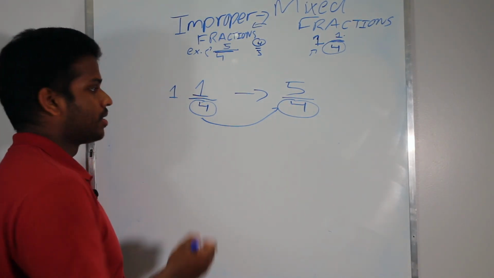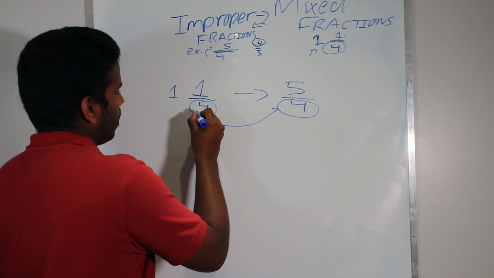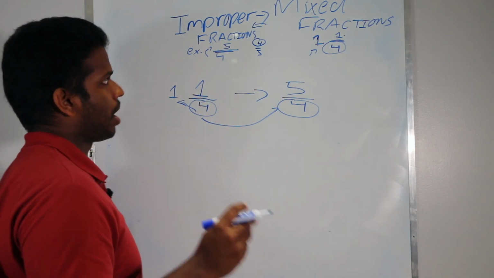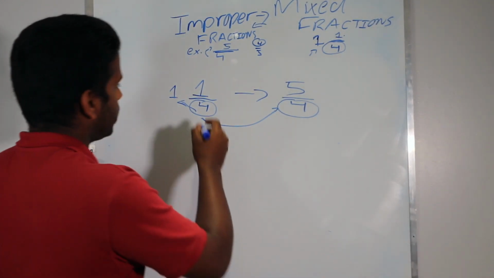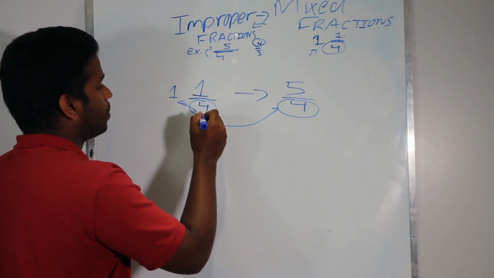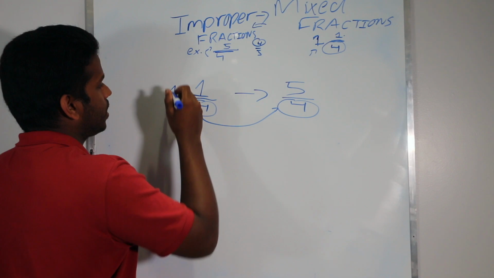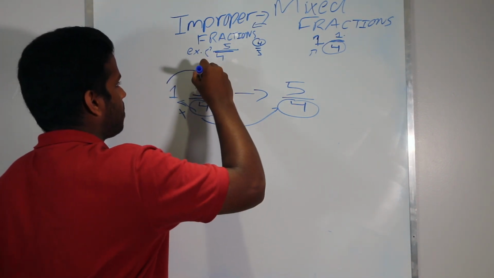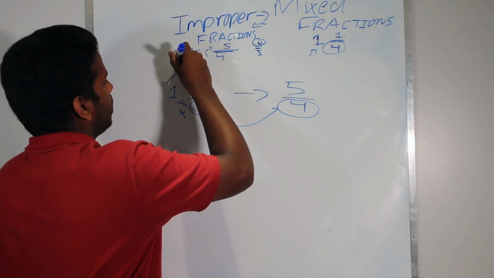So how do we do it? Simple, just a two-step process. You multiply the denominator of the proper fraction in the mixed fraction by your whole number, since we're now doing the opposite. And then add.